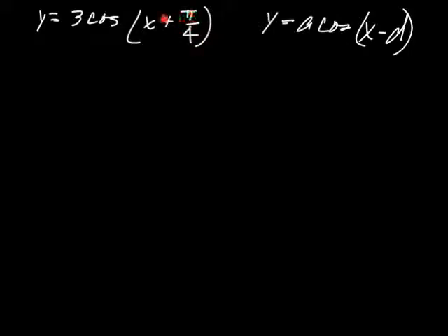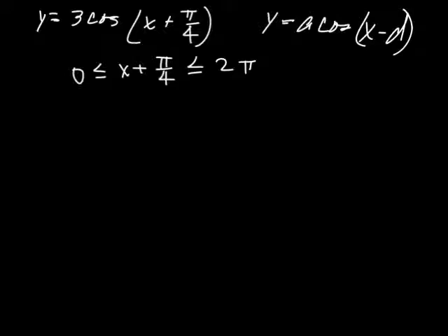Alright, so knowing that, let's start with the first procedure that we have. Because there is a number here added to the x, we are going to do the one method that we did before. We start with 0 less than or equal to x plus pi over 4, less than or equal to our period. And our period for this one is going to be 2 pi, because there's no number in front here, so we know it's 2 pi.